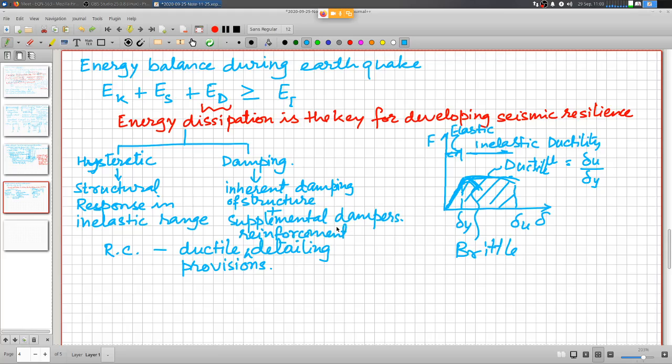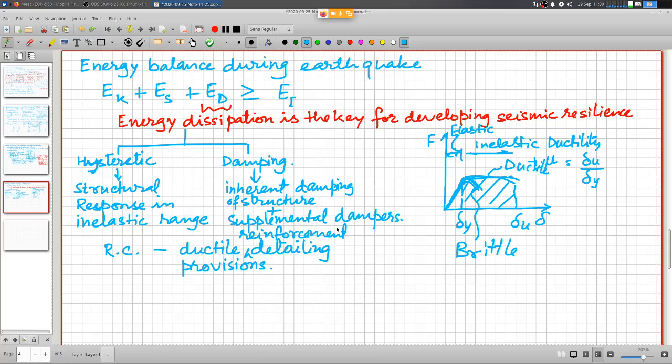So only by suitable placement of reinforcement, a particular prescription, that if you use reinforcement in such a way or take this set of precautions when you provide reinforcement, then the section has better behavior as far as ductility is concerned, right?